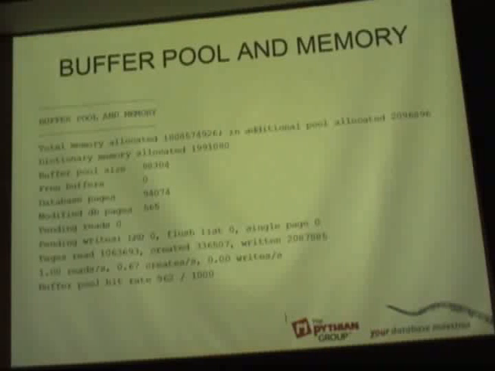All right, buffer pool and memory. The total memory allocated and the additional pool, the additional InnoDB buffer pool, are in bytes. These are variables that you can set. So this server is running like 2 gigs of memory, I think, and then like 2 megs in the InnoDB additional memory pool. What's the difference between those pools?